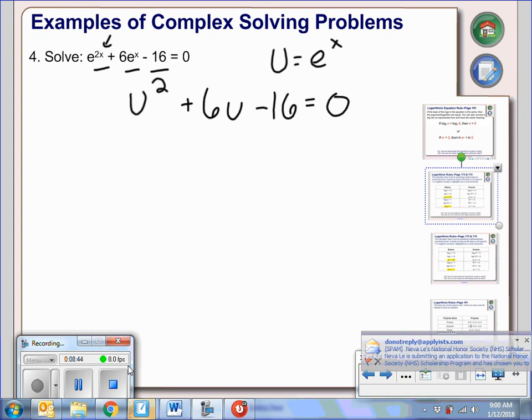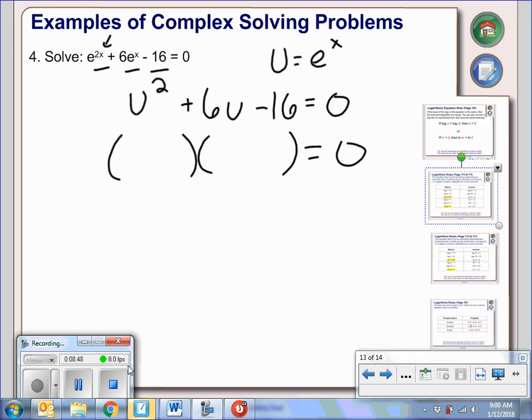So I'll have 2 parentheses, a u and a u, because that makes u squared. Then I got to think of what 2 numbers multiply and give me 16, but add or subtract and give me 6. And I come up with 8 and 2. The 8 is going to get the plus sign because the 6 is plus, and the 2 will get the negative sign. Now I separate and solve.